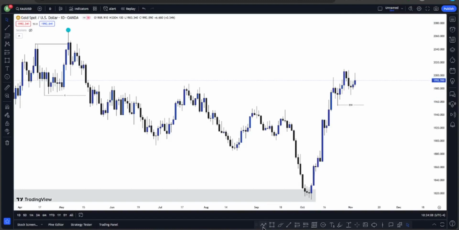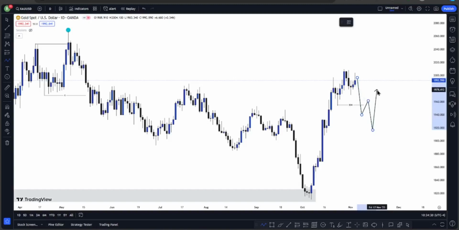As soon as price takes out this inducement, for instance, if price comes back lower and takes out this inducement like this, then we can begin to look for a structure like this to take out this inducement.